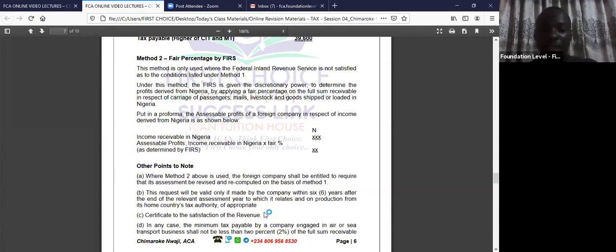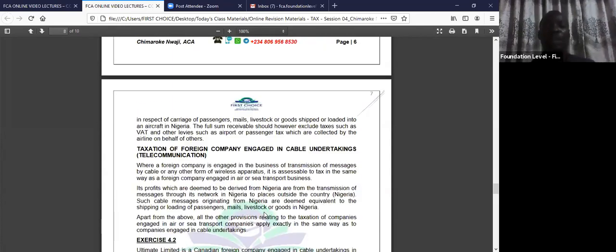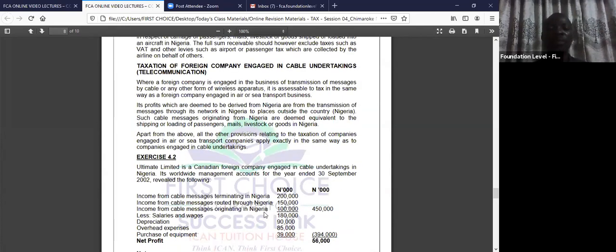All right. Now that we've seen that, let's look at another example, because I've told you about cable undertaking. So now let's look at exercise 4.2.